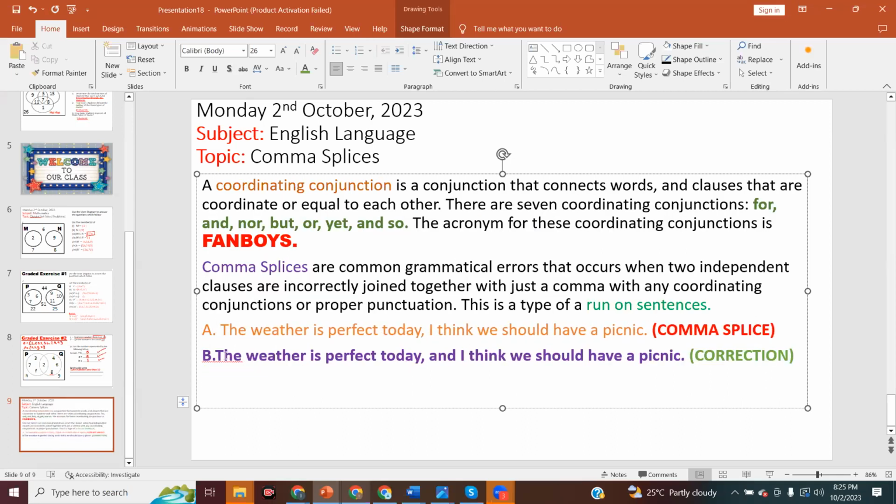Okay. So let me do another one. And in the chat, you're gonna tell me if this one is a run-on sentence or comma splice, or is it a good sentence? So if it's a good sentence, you're gonna put S. If it's a run-on sentence or comma splice, you're gonna put R. Okay.